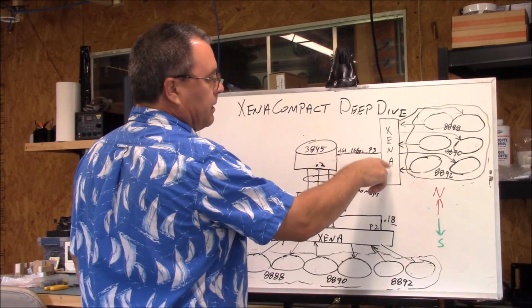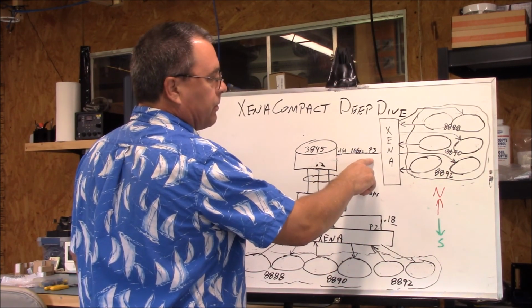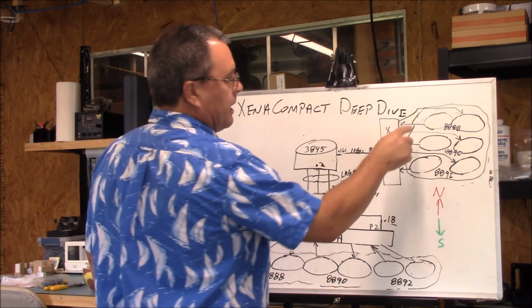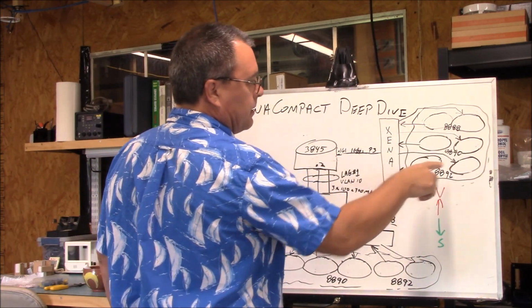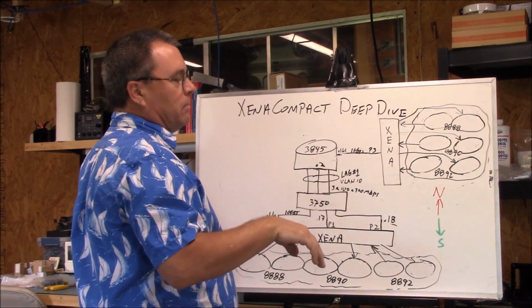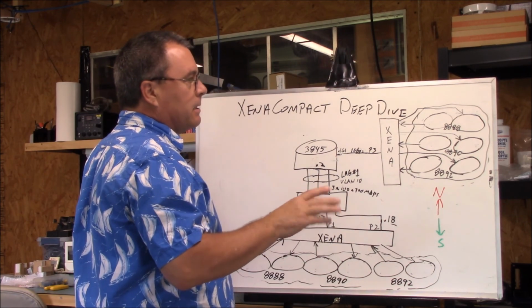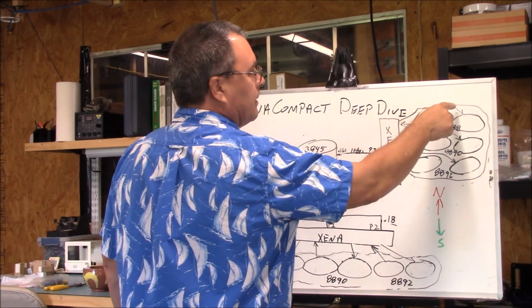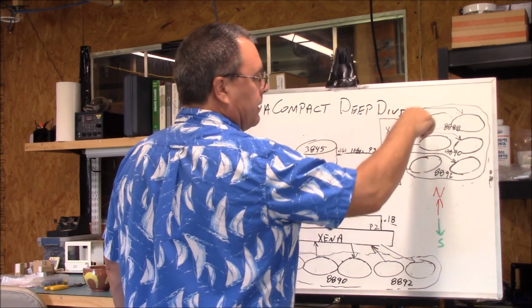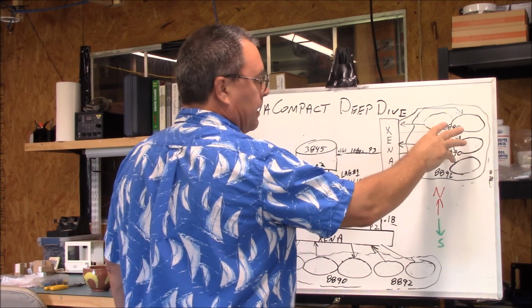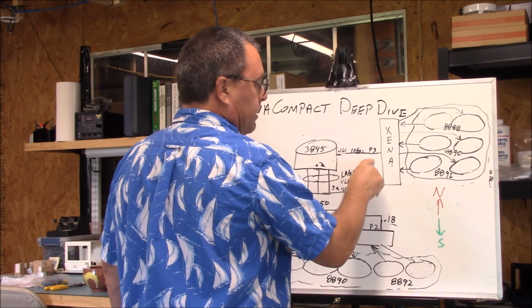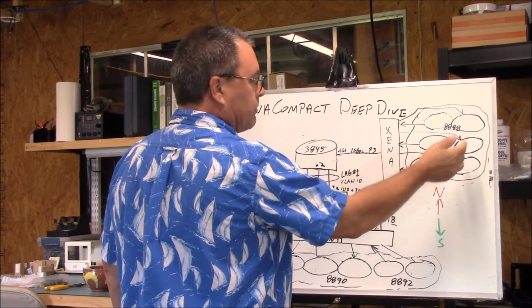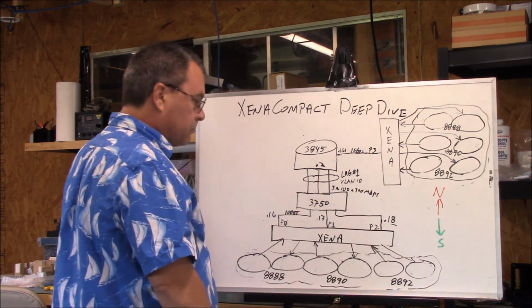This Xena up here is associated with port 3, and these are the logical entities. I left it similar to the previous drawing because it's going to be the same kind of setup. I drew this little cloud around it because these are logical entities, and they're all going to be using the same physical port as far as the traffic in and out.